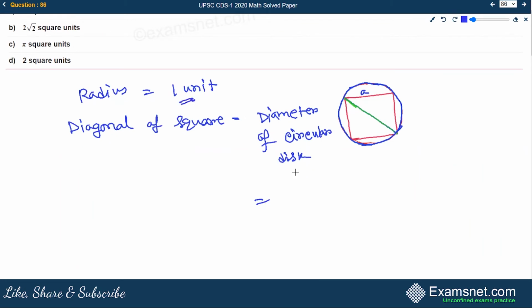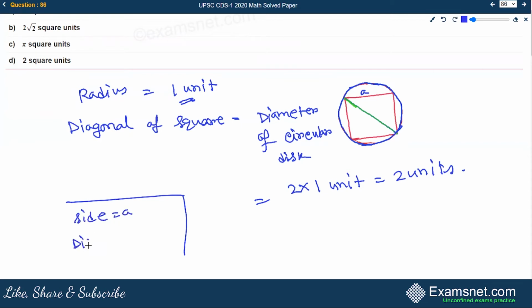If radius is 1 unit, so diameter is 2 into 1 unit, that is 2 units. Correct? Now we know the formula of side and the diagonal of a square. If side is a, then diagonal should be a root 2. Now here diagonal of the square becomes 2 units, right?